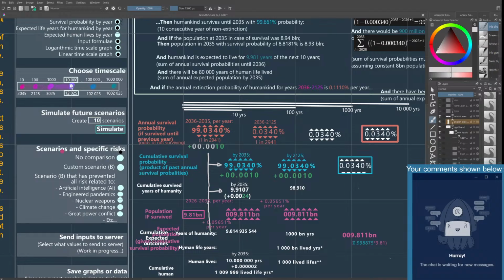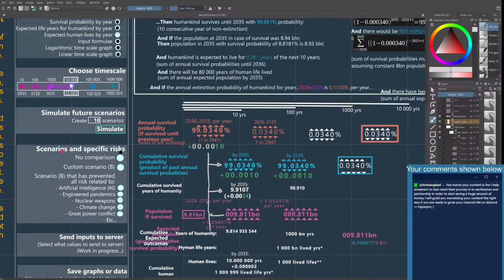And then if we have a... can we have a population?